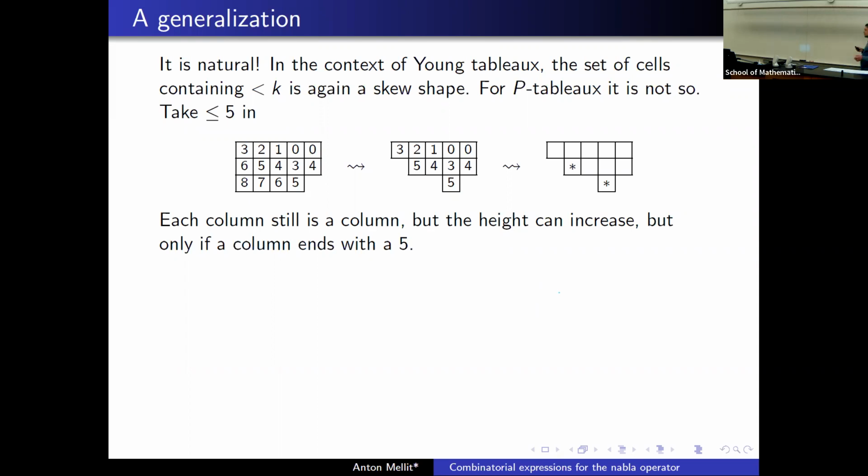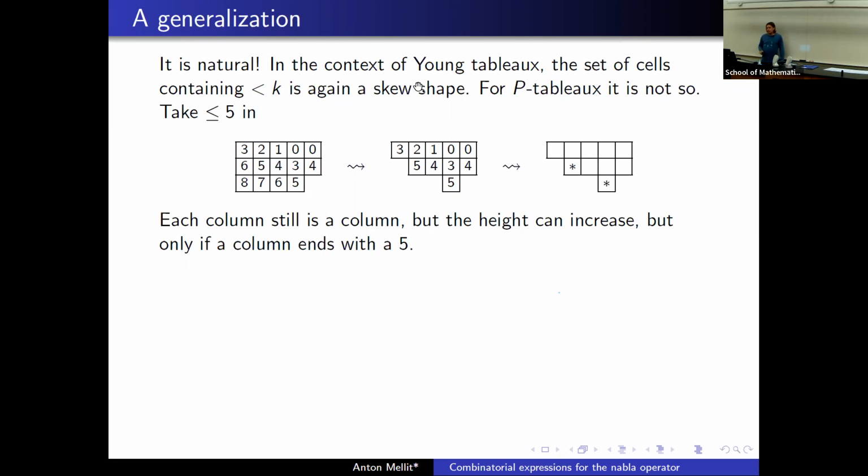If you have a skew tableau, take a Young tableau, take the set of cells containing all numbers less than k, and it's always again a skew shape. It's basically the whole point of skew shapes and the tableau and so on.